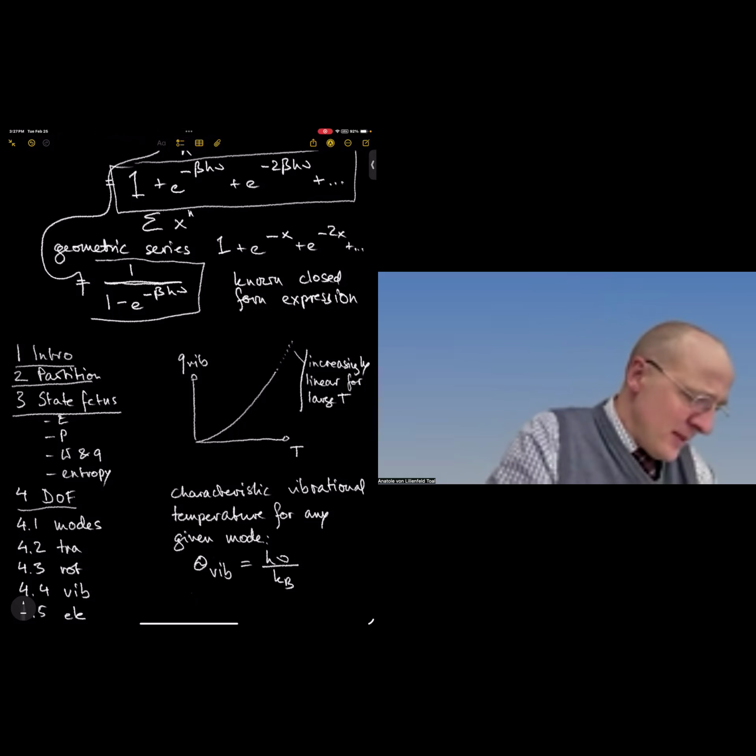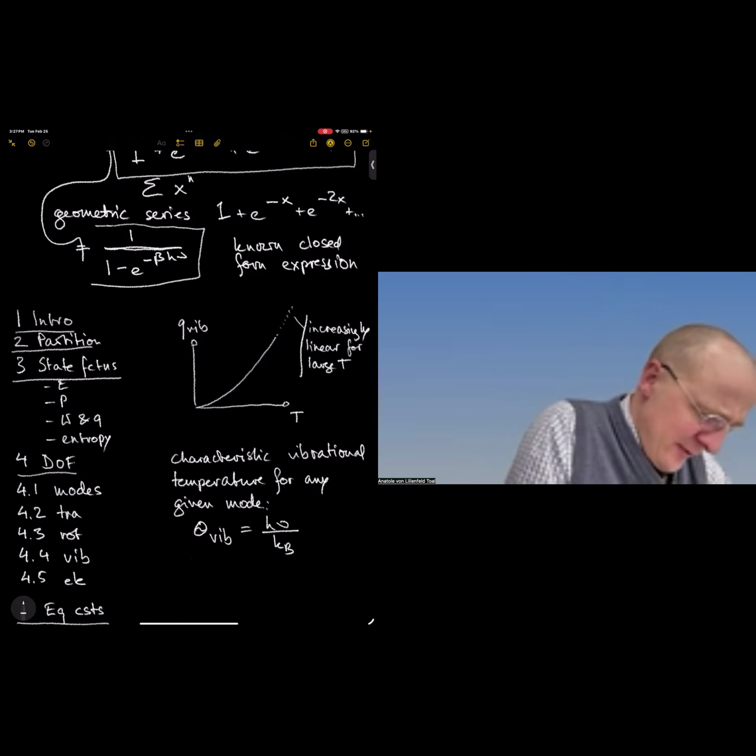Now, that is a definition, right? We define it as such. And then, of course, your Q vib simply becomes 1 over 1 minus e to the minus theta vib over T, right?